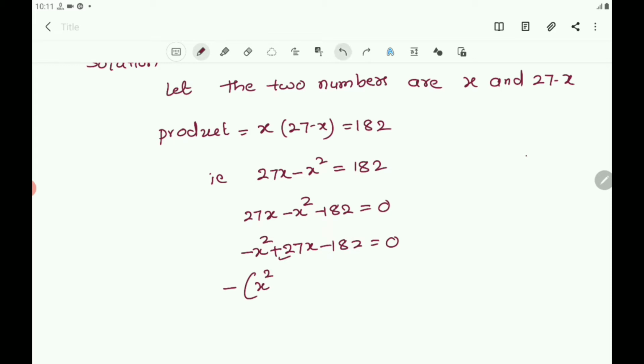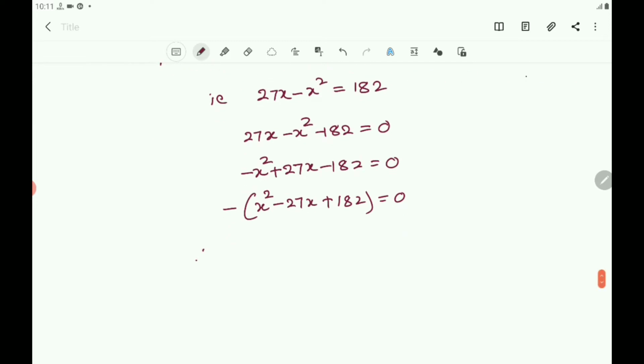Plus becomes minus, minus becomes plus as the negative sign is before the bracket. So plus 27x becomes minus 27x and minus 182 becomes plus 182. That equals 0. Therefore you got x square minus 27x plus 182 equals 0.